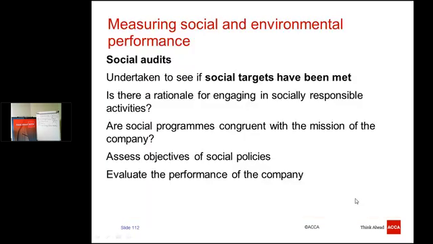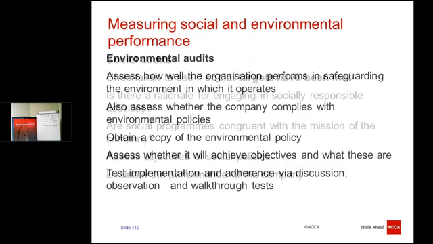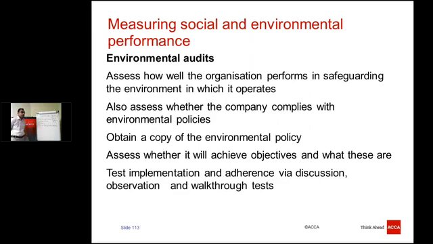Now, a quick recap of each one of these areas. Social audits. These would be undertaken to see if social targets have been met. Is there a rationale for engaging in socially responsible activities? Are social programs congruent with the mission of the company? And assess objectives of the social policies and evaluate the performance of the company. On the other hand, environmental audits would assess how well the organization performs in safeguarding the environment in which it operates.